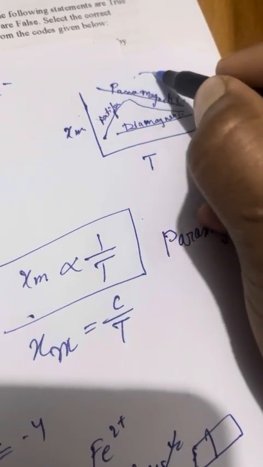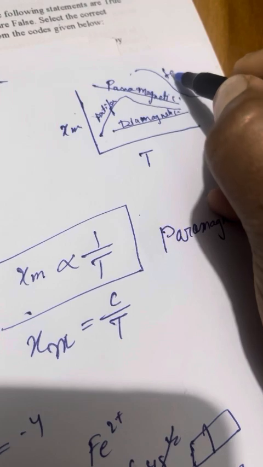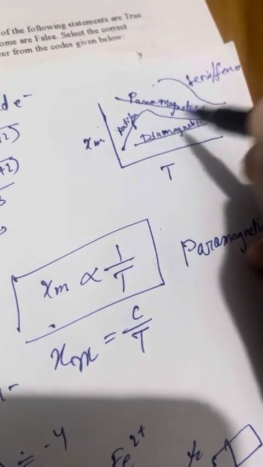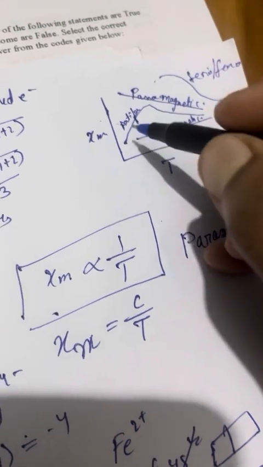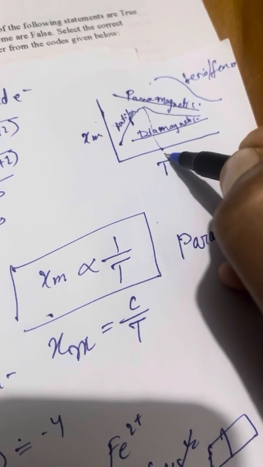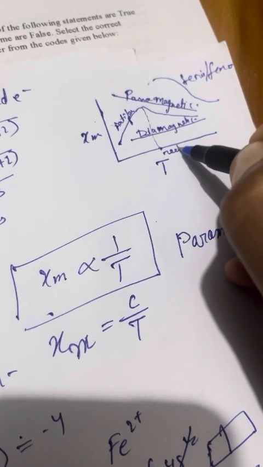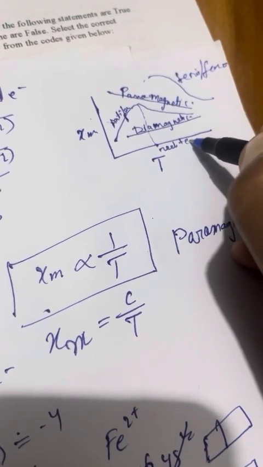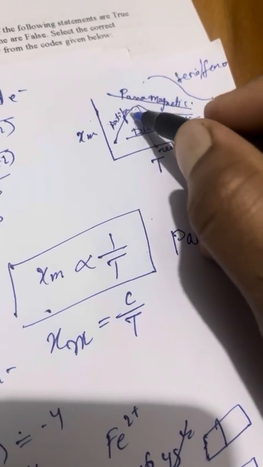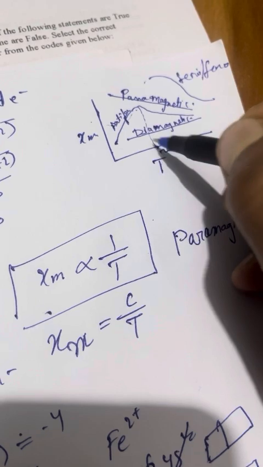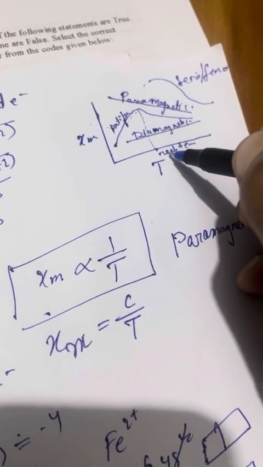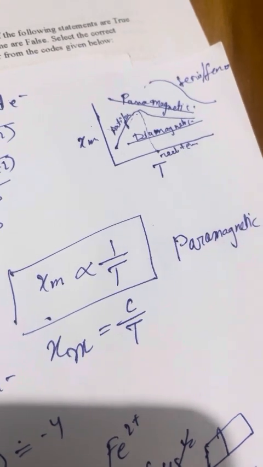And this is for ferri and ferro, right? You have to remember this. This is the Neel temperature, and this is the Curie temperature, right? Below Neel temperature it acts as antiferromagnetic, and above it acts as paramagnetic.